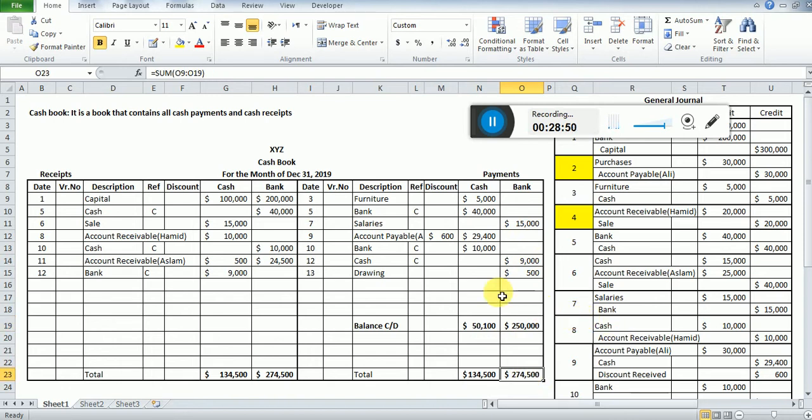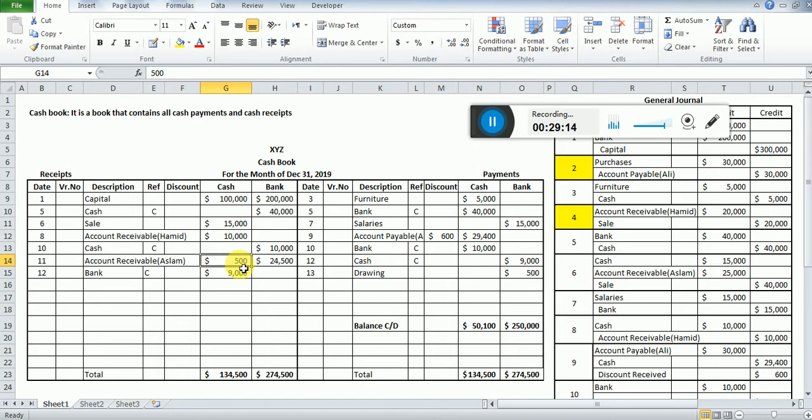So dear students, this was all about how to post transactions directly into the cash book. Now we have to balance the discount account. Do we have any value here in the discount account? Yes. Look here, we have made a mistake.